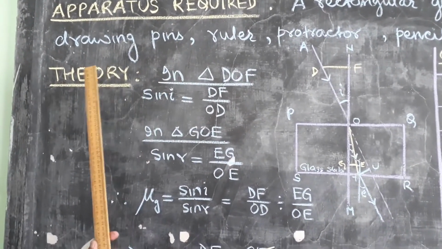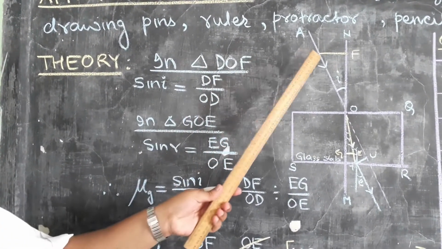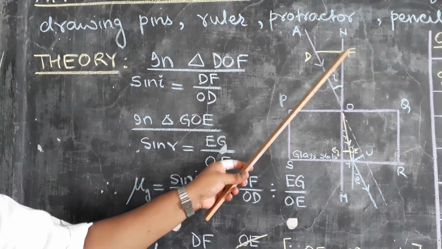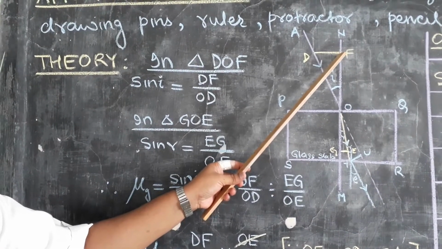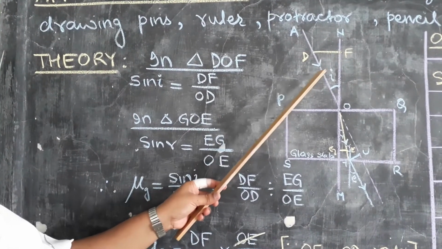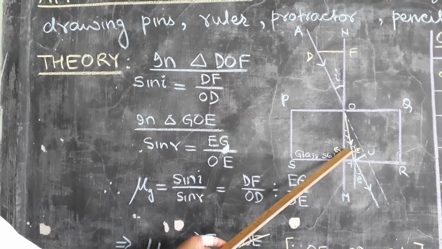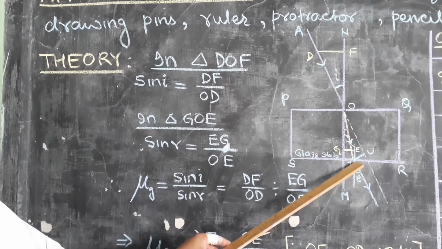Now dear students, in the theory part you can see in triangle DOF, that means right angle triangle DOF, this is your perpendicular, that means this is 90 degrees, and the side opposite to 90 degrees is the hypotenuse. Similarly, we have drawn one perpendicular GE on the refracted ray OT, right.